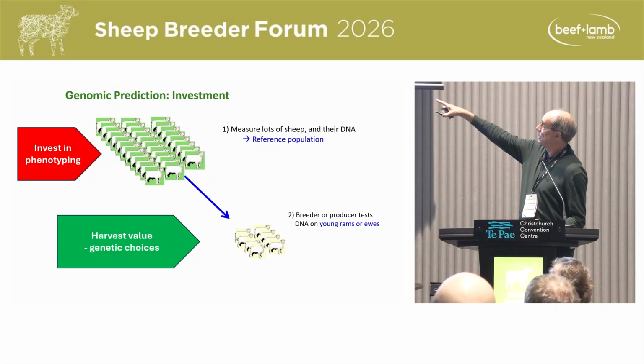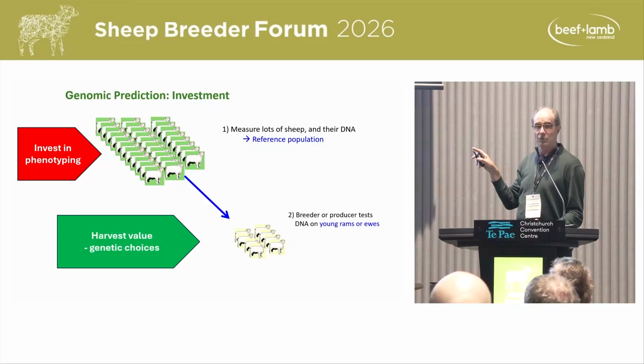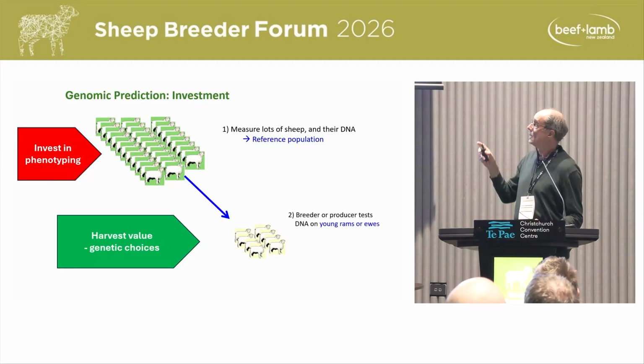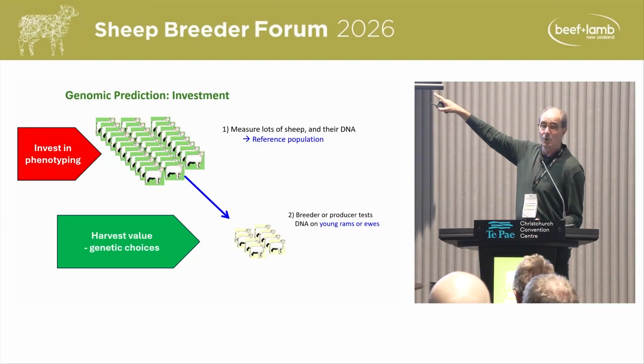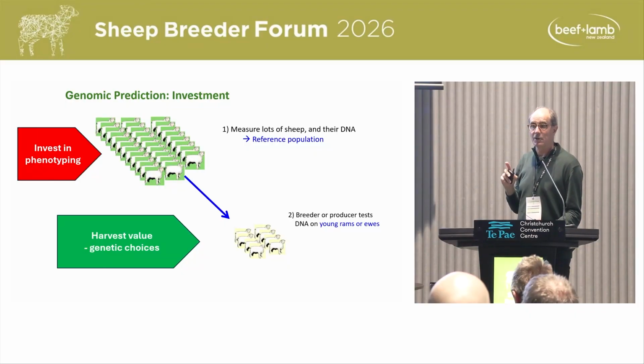If we then go in and genotype the animals down the bottom here, the white ones, the animals that do not have their own, they have no measurements on them themselves, as long as we've got a reference population, we can work out the genetic merit of these animals down the bottom with a level of accuracy that's determined by the size of the reference.